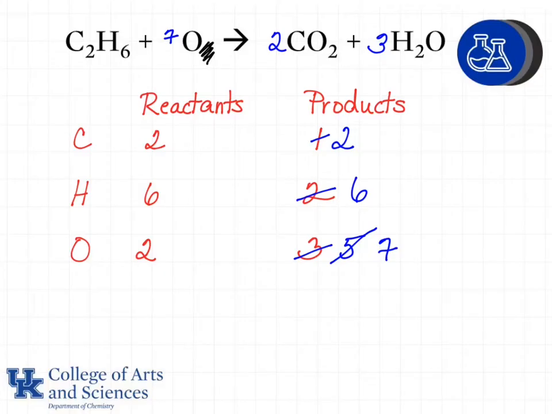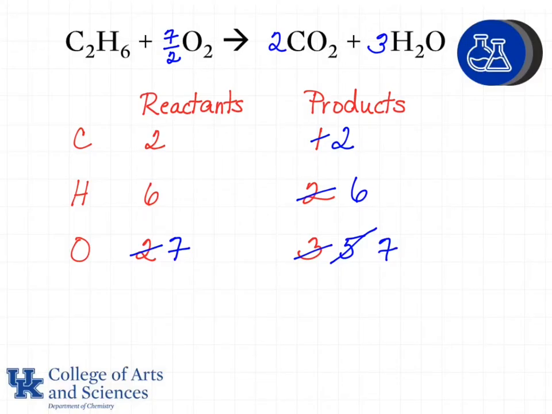However, the 2 is there. It is a diatomic molecule, so I have to take that into consideration. But I can change this to 7 halves. 7 halves times 2 is equal to 7. This gives us the same number of carbon, hydrogen, and oxygen atoms on both sides of the equation.